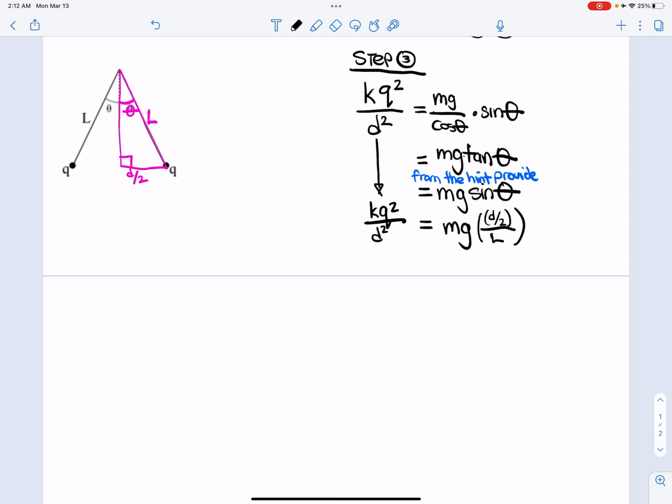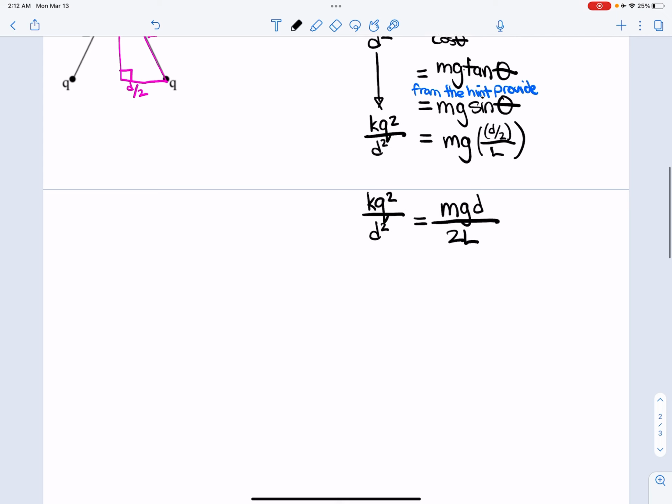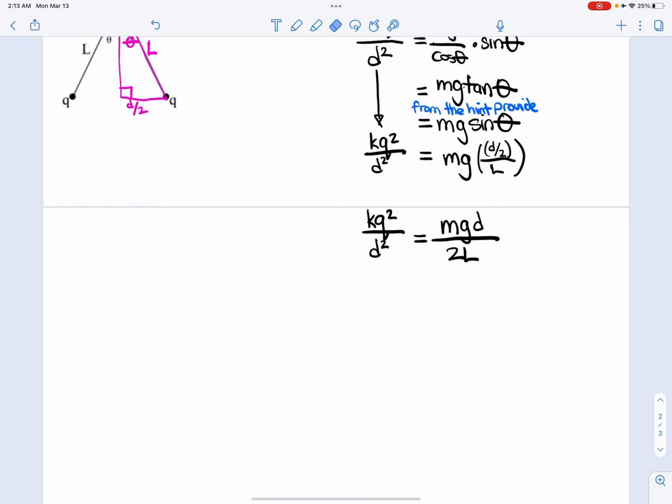So kq squared over d squared is equal to mg d over 2L. And I'm going to cross multiply, so kq squared times 2L is equal to mg d cubed.